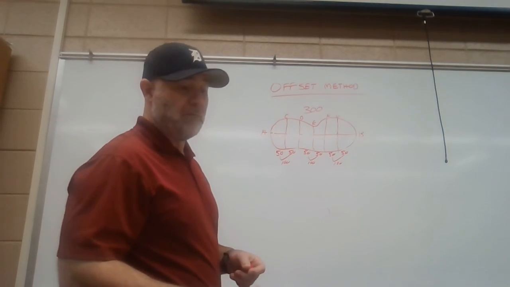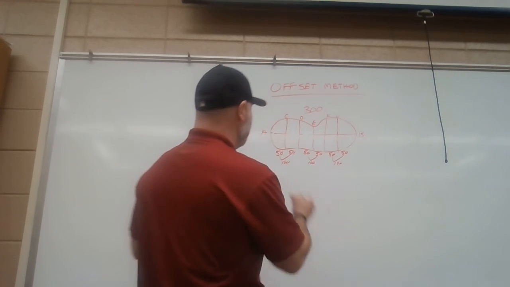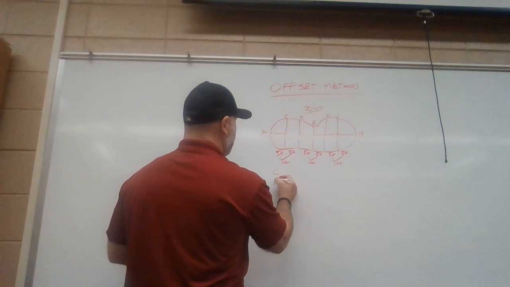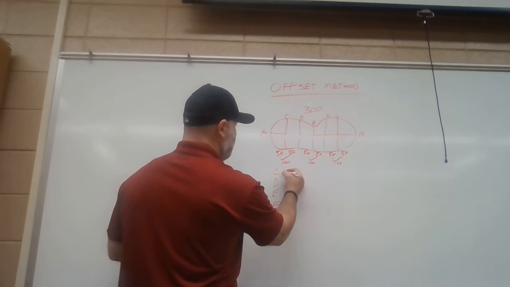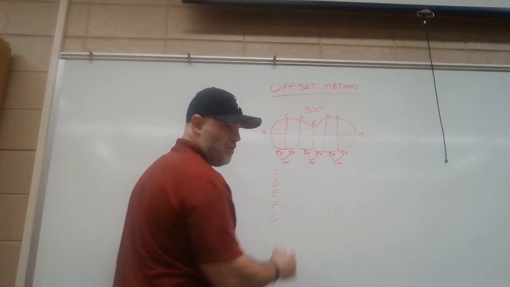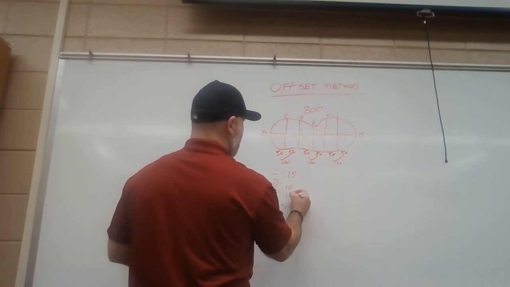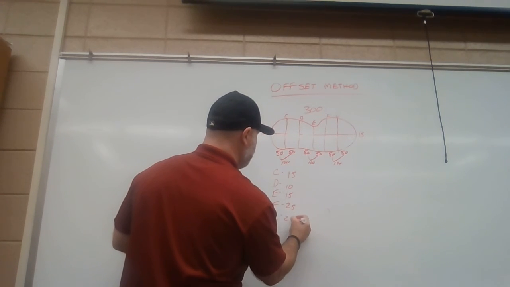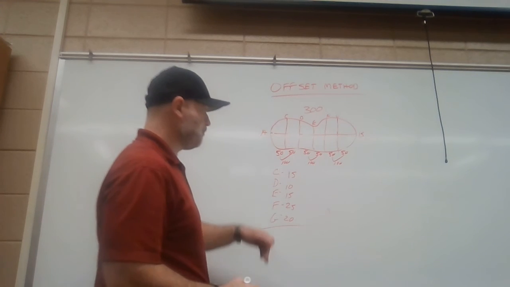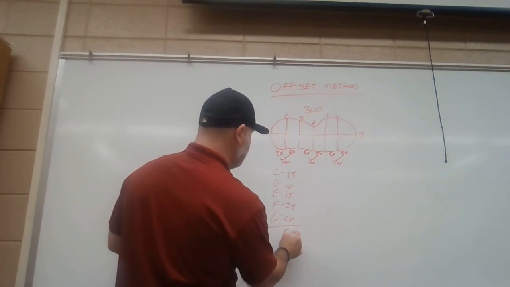And then you would work the problem the same, with the same math. We'll say C, D, E, F, G. What were we at? 15, 10, 15, 25, and 20. You would add all that up, it becomes 85.